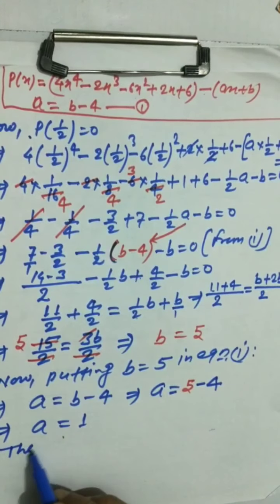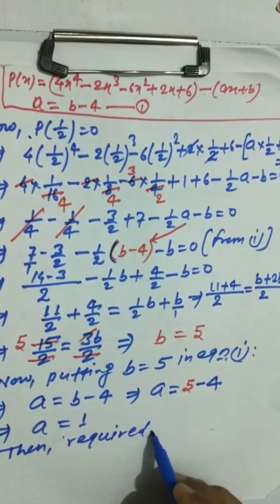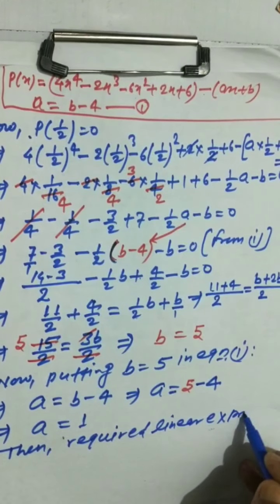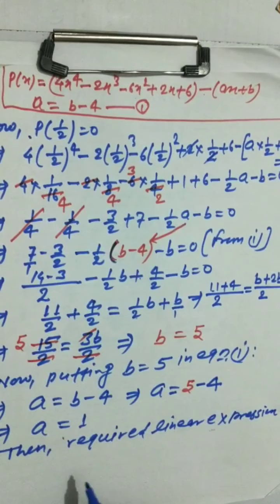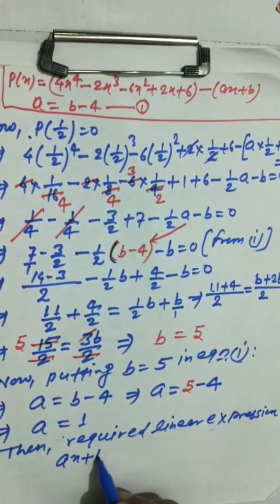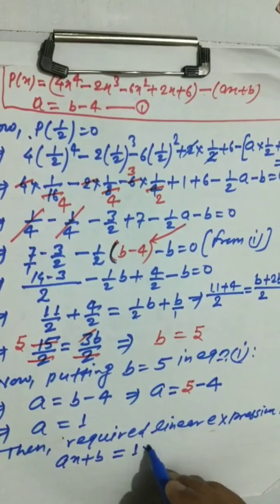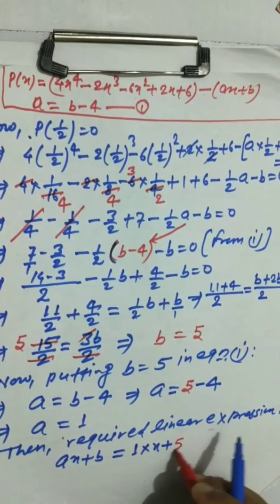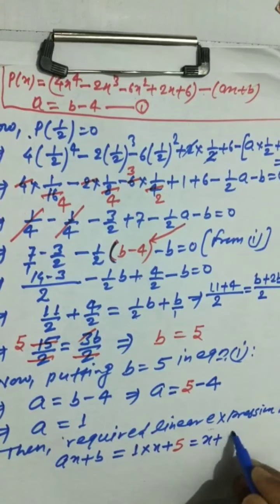Then required linear expression is ax plus b. We have supposed, so put the value of a. Value of a is 1 multiplied by x, and the value of b is 5. So it will be equal to x plus 5.